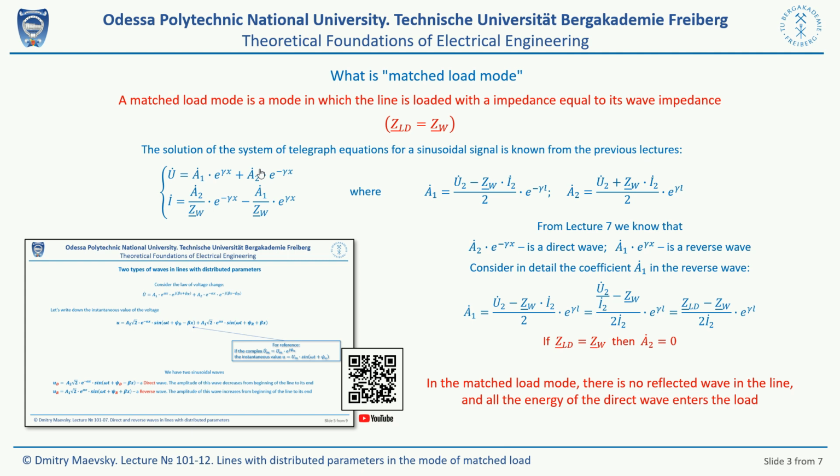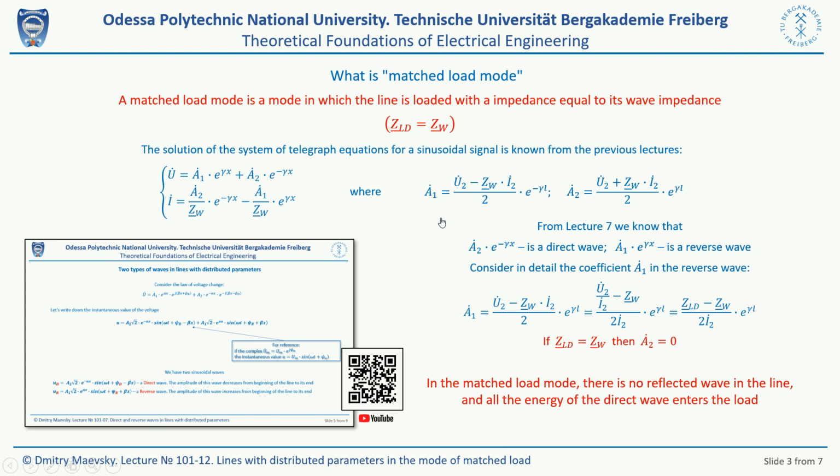As we remember from previous lectures, and I hope you do remember, the voltage and current at any point of the line located at distance x from its beginning are described by these equations. This equation for voltage and this for current. The complex numbers A1 and A2 in these equations represent constants of integration.